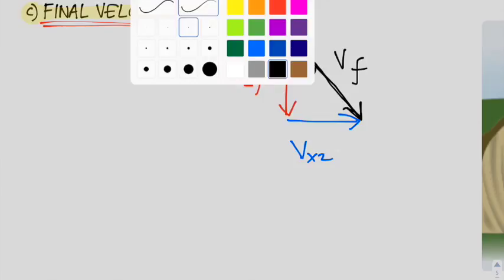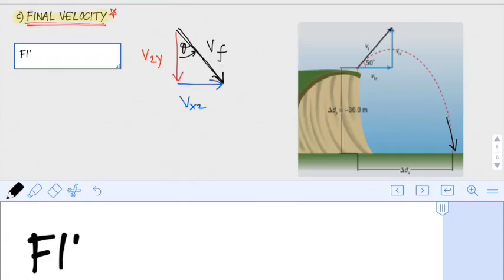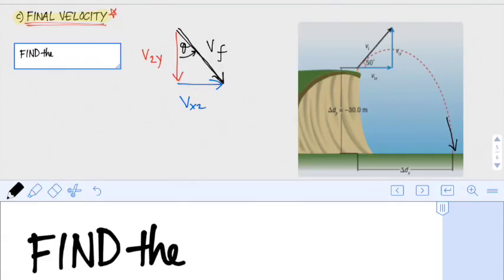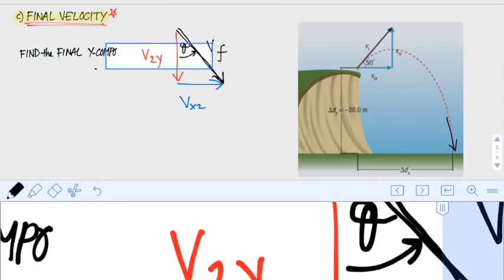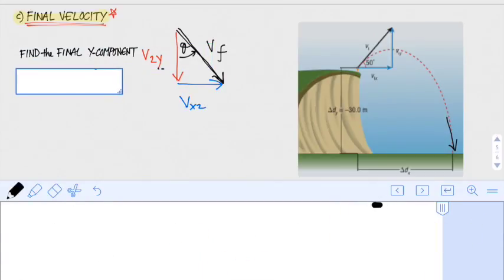Our first step is to find the final y component. So we need to find v2y. We need to collect and gather all of the information in the y direction.